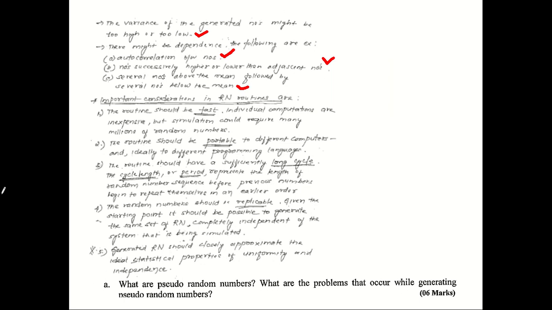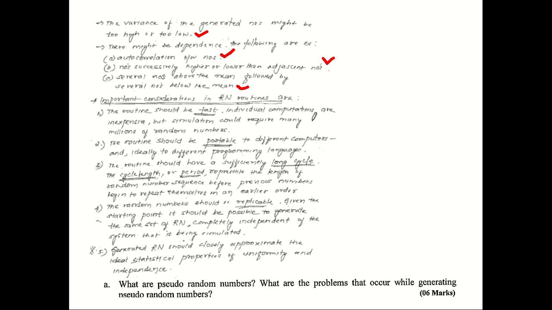So next we shall see some of the important considerations in random number generation routines. During implementation of random number generation routines, we should consider some points. Those are: the random number routine should be fast. Whatever random number routine we are going to implement in a program or method must be very fast.